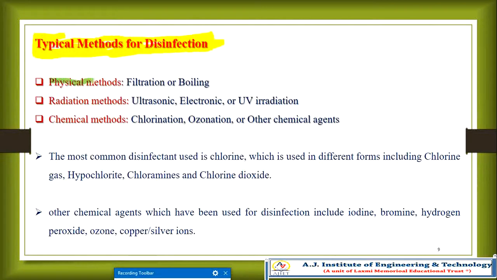What are the physical methods involved? Physical methods: filtration and boiling. That is your filter method.